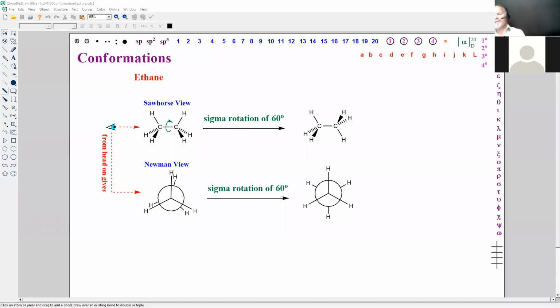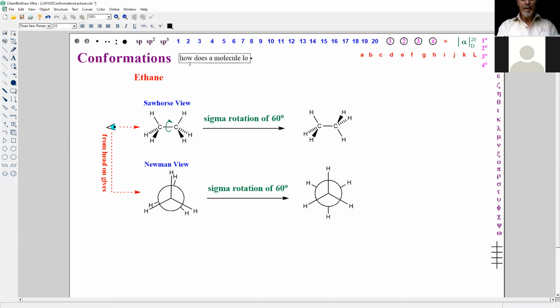Okay. All right. So moving on, we're going to look at what's called conformations. What is a conformation? Well, how does a molecule look at a given moment in time?